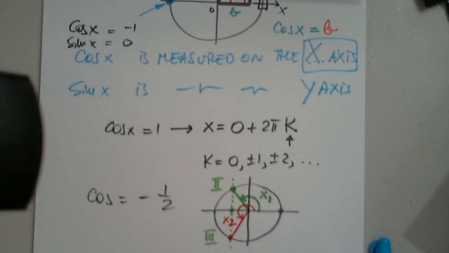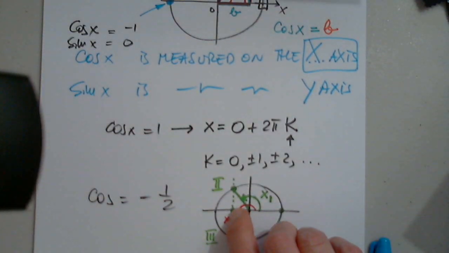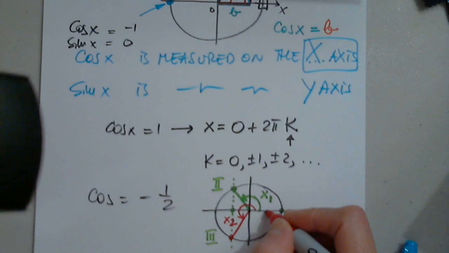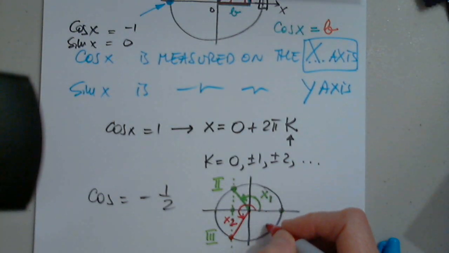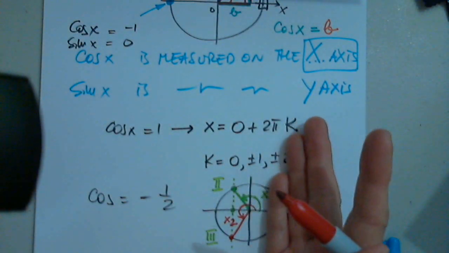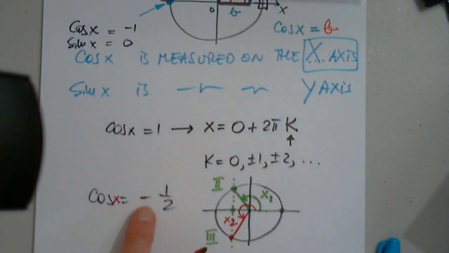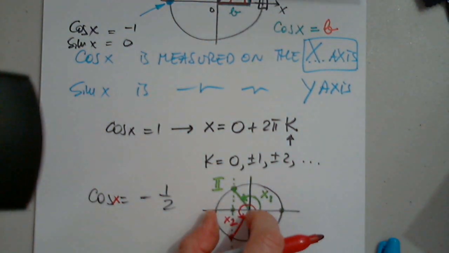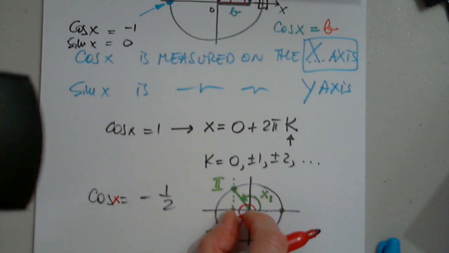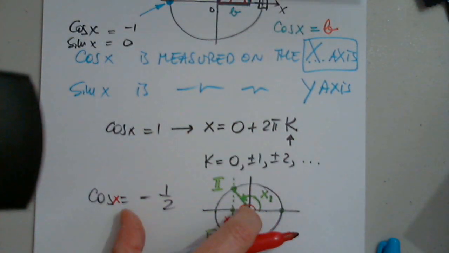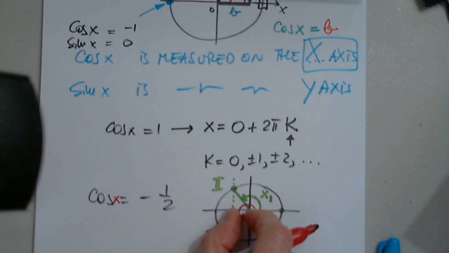It's -1/2. If I say +1/2, then I'm going to be here on this side. But if cosine x is negative 1/2, this is negative 1. This must be negative 1/2. This is negative 2. This is negative 3. So this is negative 1/2.